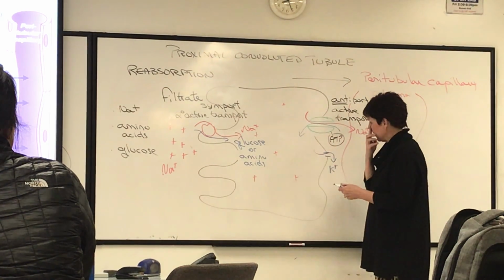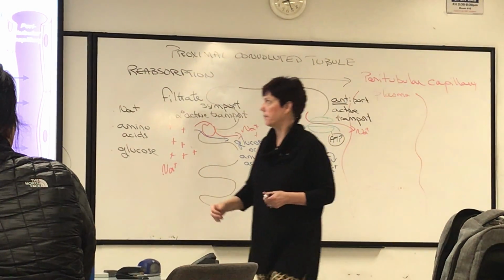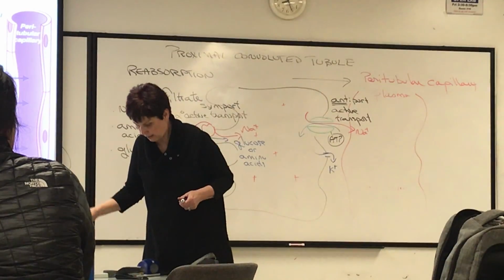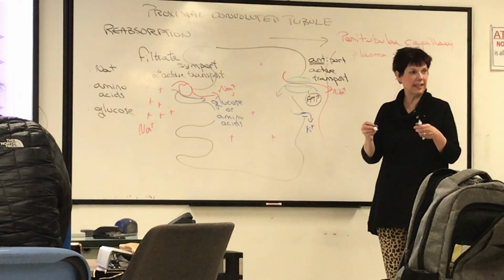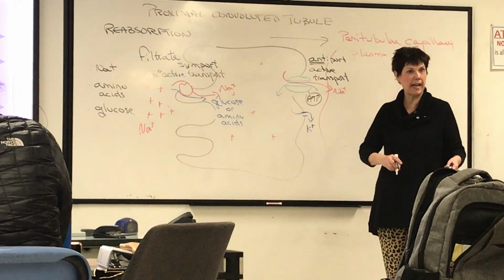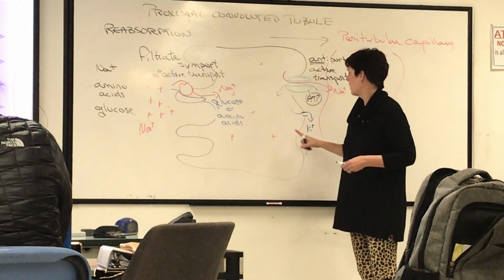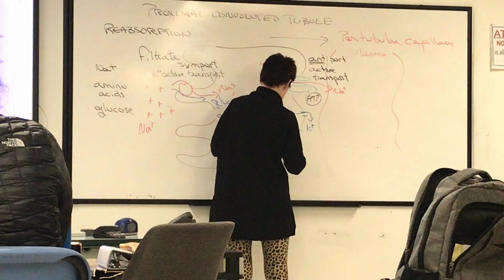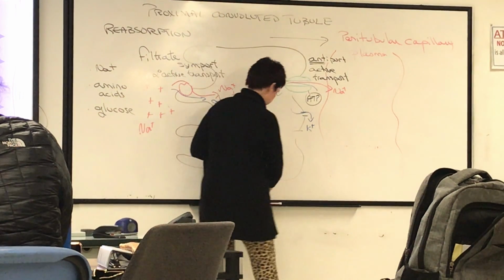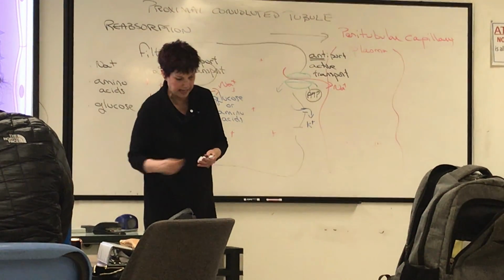Now to get out of the cell, and it doesn't show that on that component there, but I don't know if you recall, glucose typically moves by facilitated diffusion. So it's going from high concentration to low. So it's going to leave the cell where it's in higher concentration now, and it's going to move by facilitated diffusion to get out of the cell.